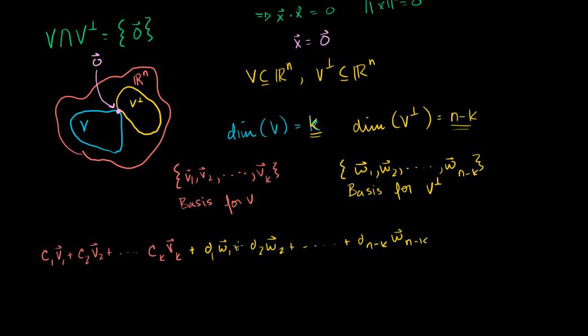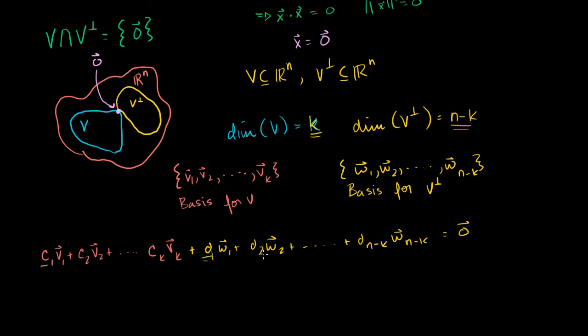Let's say that I'm curious about setting this sum equal to the 0 vector for some scalars, right? The scalars are these c's and these d's.